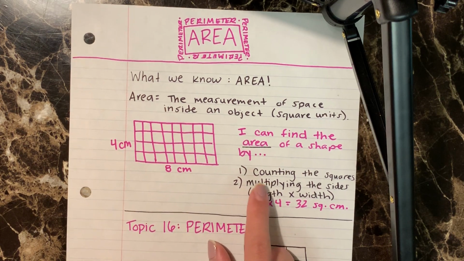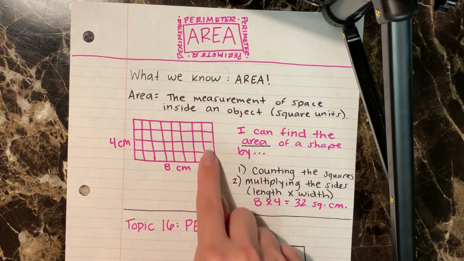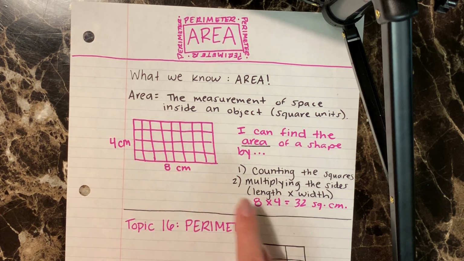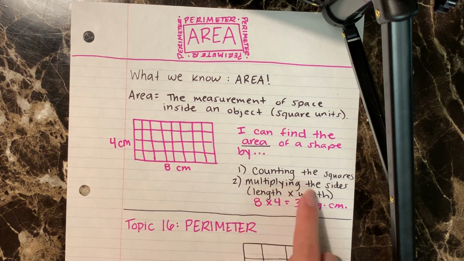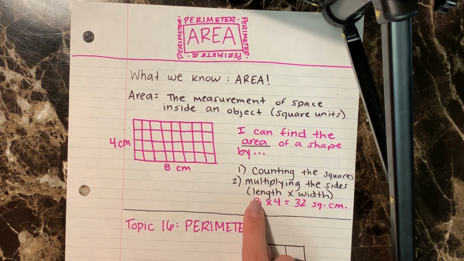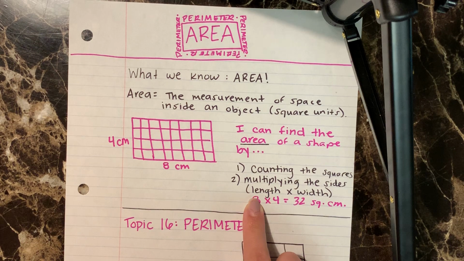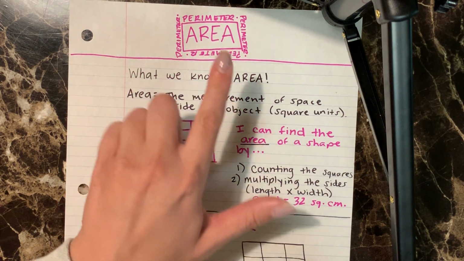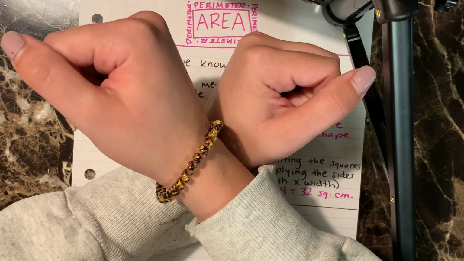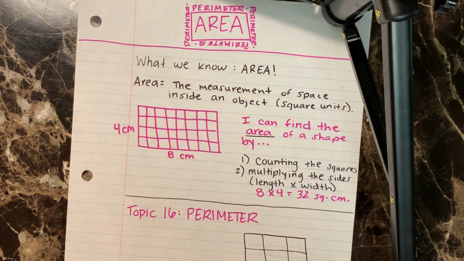But we also found an easier way, especially when the shape is nice and even, a regular or common shape like this rectangle. We can multiply the sides. And remember, I taught you the formula for finding area of a common shape. It is length times width. Remember?